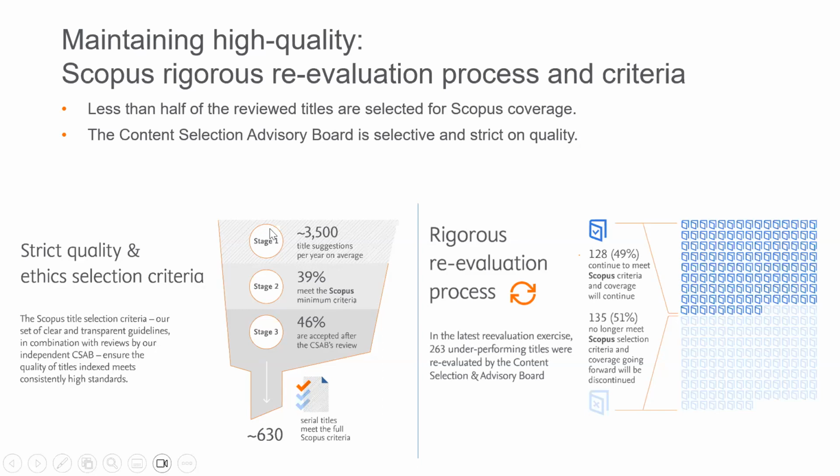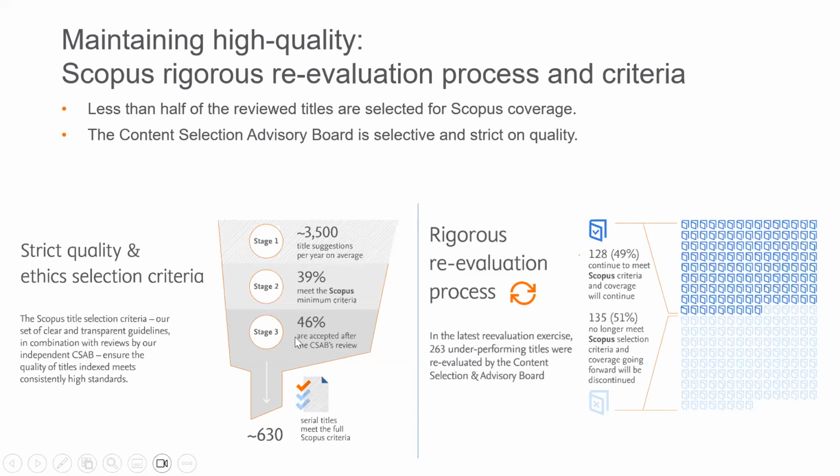If we say that approximately 3,500 journals submit their application to be indexed in Scopus, we can see that the first filtration stage chooses just 39% of these titles. 39% of the 3,500 only meet the Scopus minimum criteria.